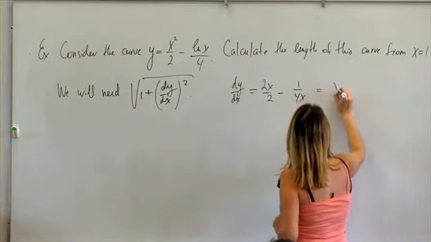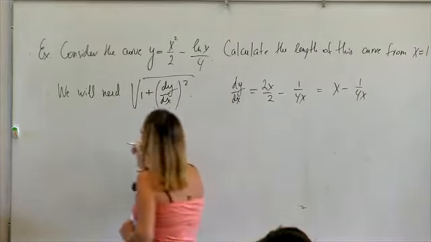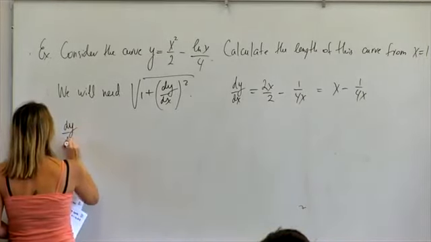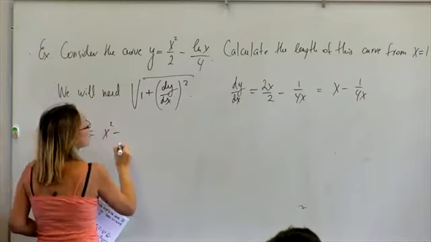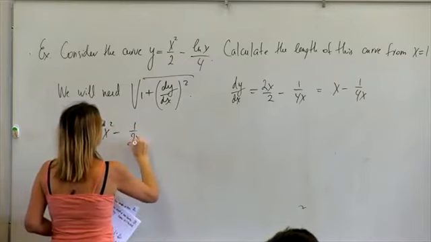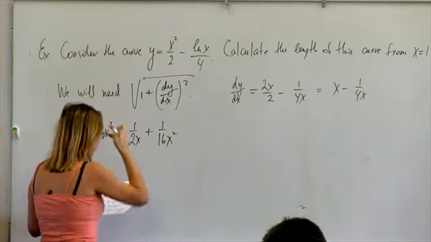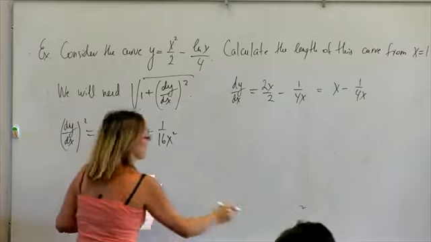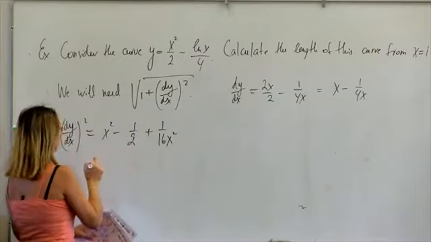Or we can simplify it to this. That's the first step. Next, we do (dy/dx) squared. So it's x squared minus 1/2 plus 1 over 16x squared.